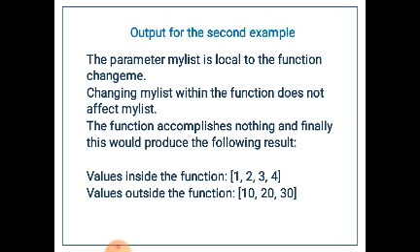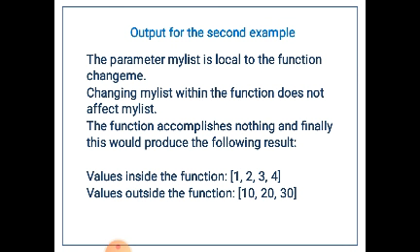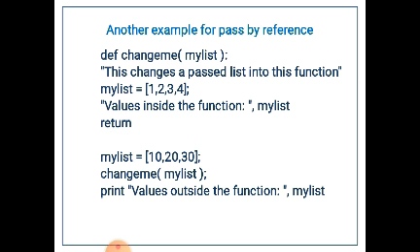So this function accomplishes nothing, and finally this would produce the following result seen on the screen. The values inside the function are 1, 2, 3, 4. You can see there in the top block, and the values outside the function are 10, 20, 30, which you can see in the second block.